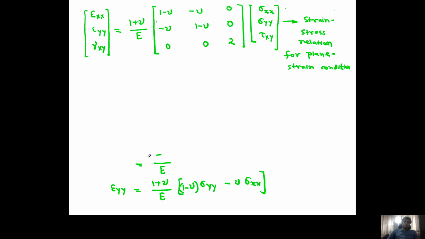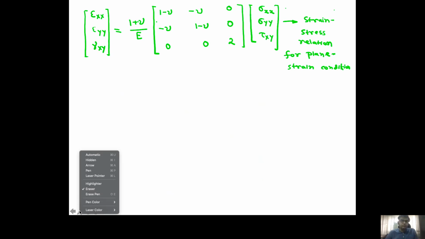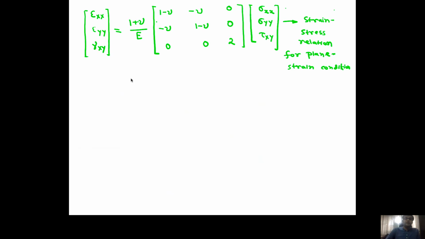Right. So we will do something similar as we did for the plane stress condition, which you already know from last lecture. Green, I don't like it anymore, so let me make it red. So let us see what is epsilon xx.